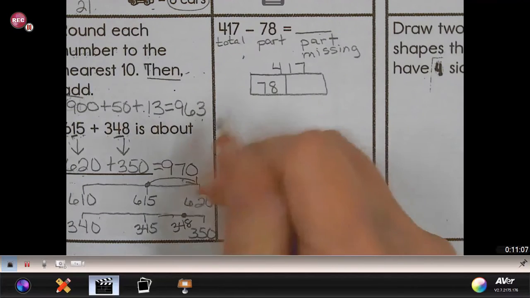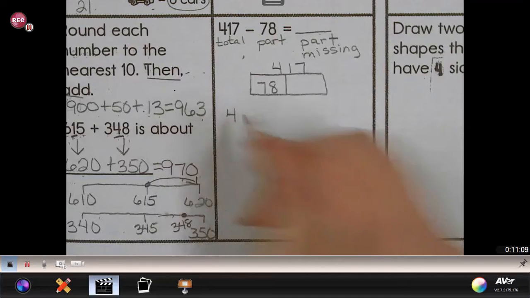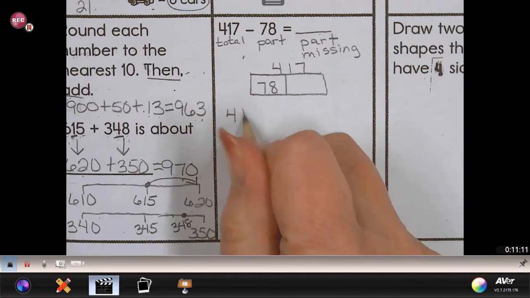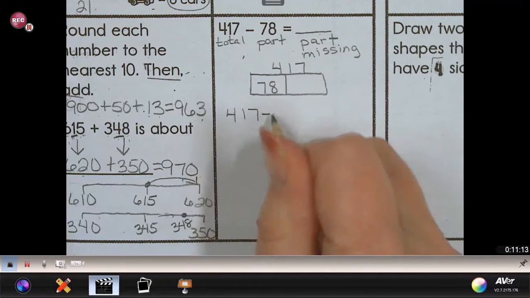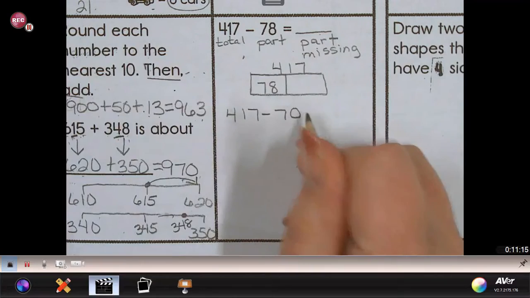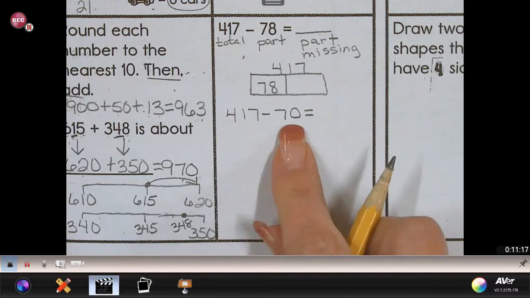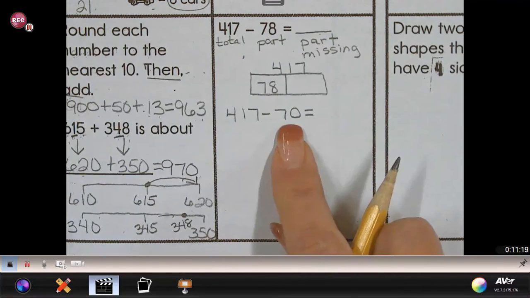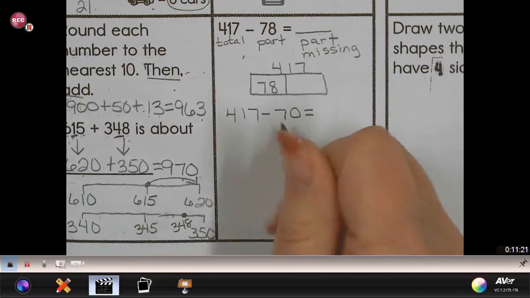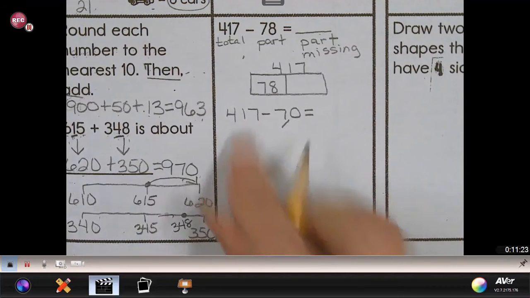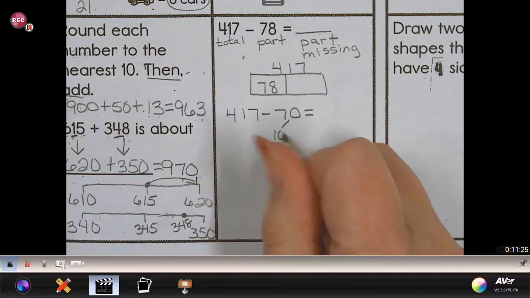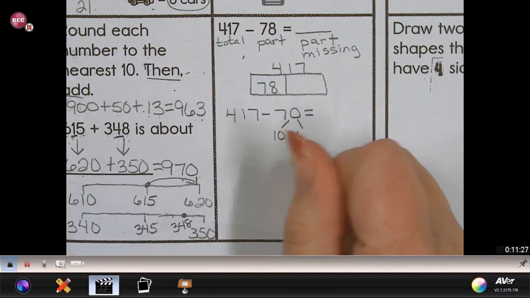So to calculate this, I could take my 417 and subtract 70, and this isn't something that's easy to do mentally. However, I know that I have 10 here, so I can subtract that fairly easily.